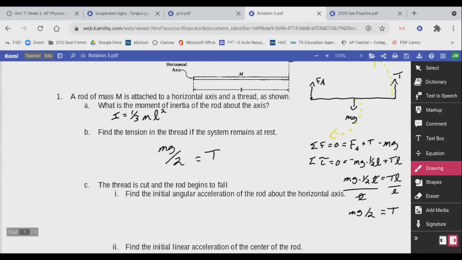So I assigned negative mg times its distance, which is 1/2 the length. And I added to it a positive tension times its distance, L. And I said that when I sum those two, I get 0 because the net torque in this is 0, it's not rotating. I have my negative mg 1/2 L plus TL equal to 0, add the negative to the other side, and then I just simplified.